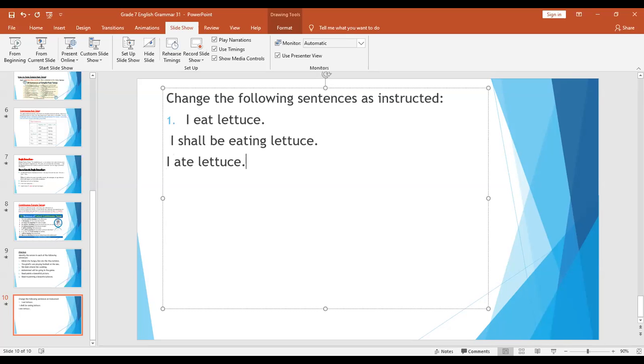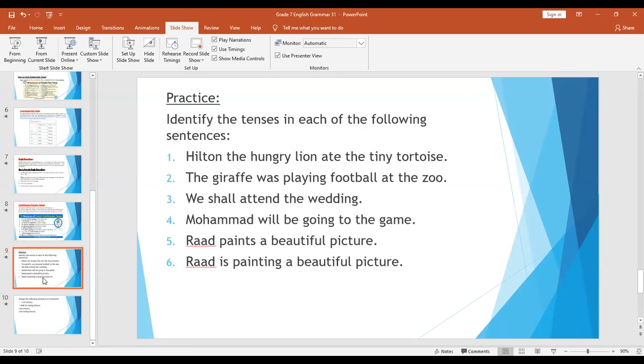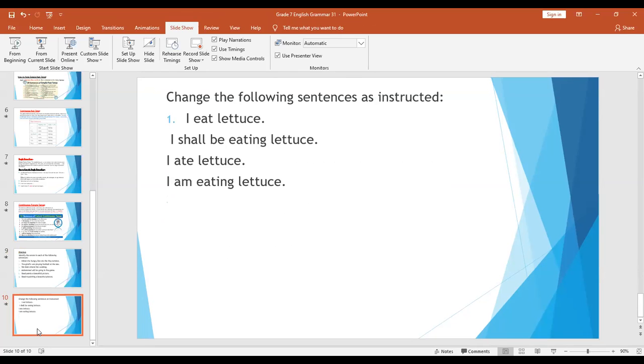And if I had to put that sentence into the present continuous. Present means happening now. Continuous, ing. I am eating lettuce. Okay, so besides just identifying the tenses like as in this slide, you could also be asked to write your own sentences using the different tenses. Okay, or to change a sentence to another sentence.